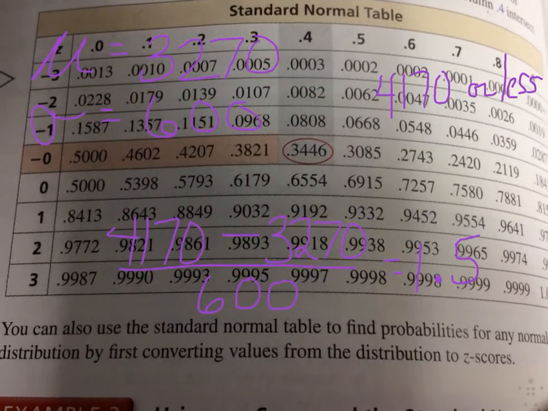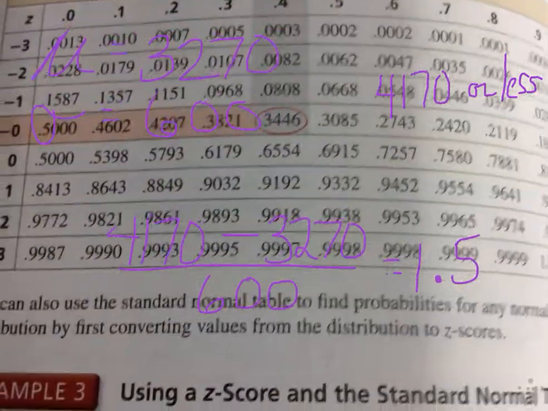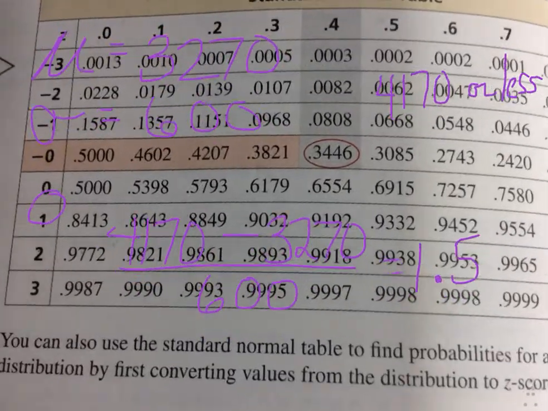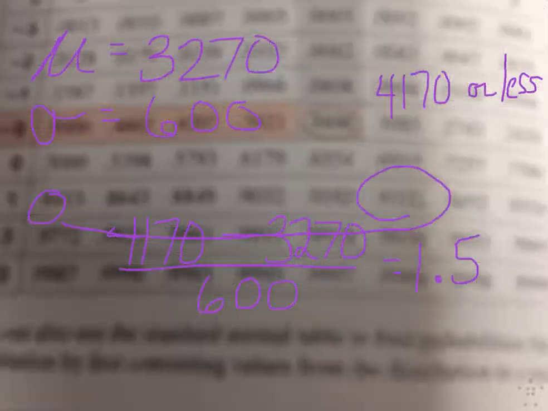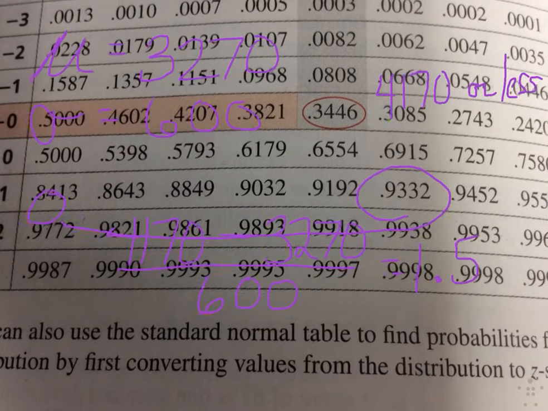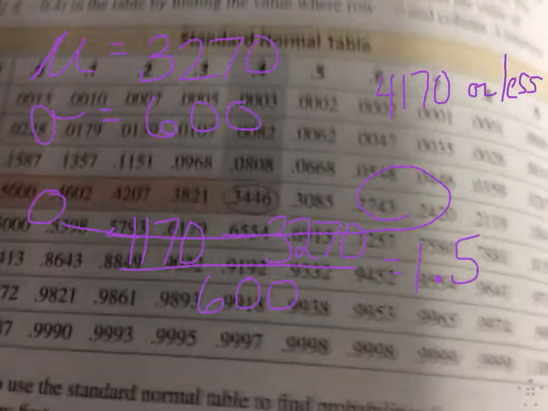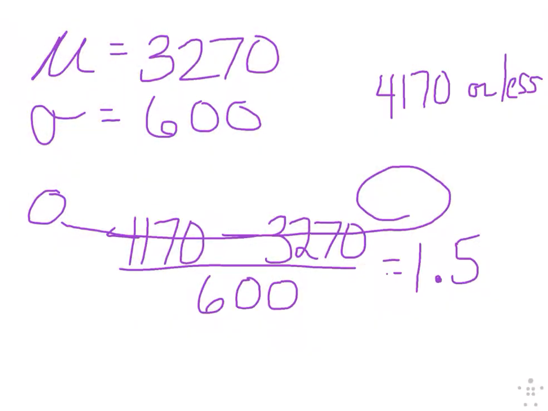Since we're at the number 1.5, we go down to the row that has a 1, and then we go over to where it says 0.5. What number is associated with 1.5? 0.9332. Good. So just looking straight off the table, we got 0.9332.